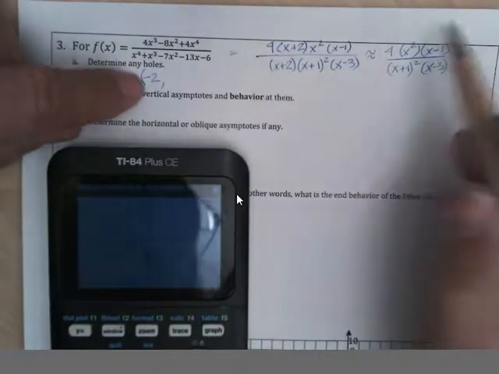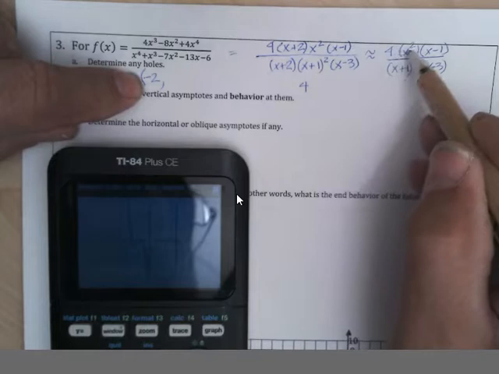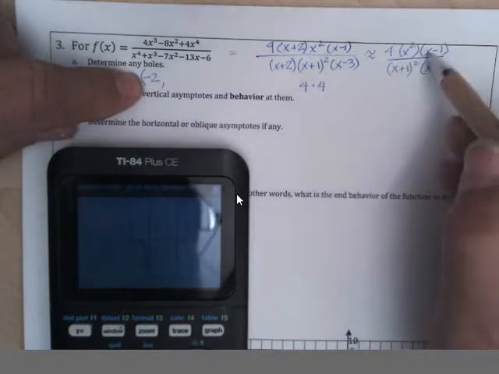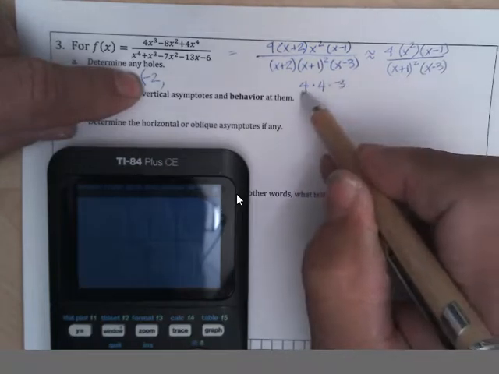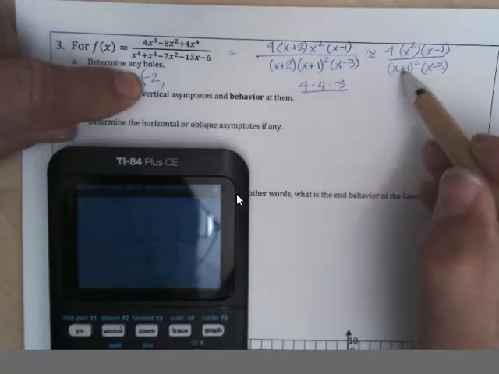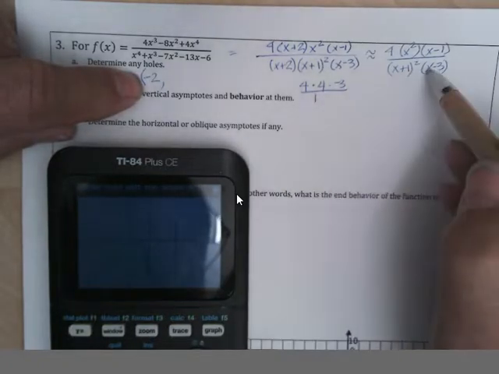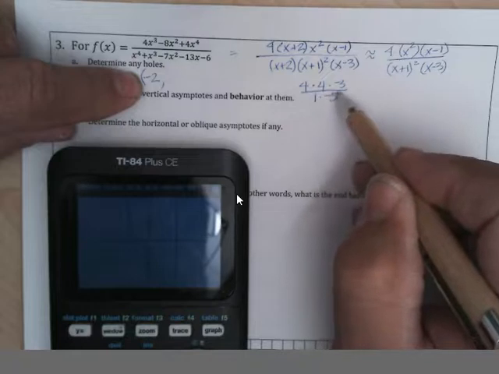Now if I put minus 2 in here, I get 4 times minus 2 squared is 4. And minus 2 minus 1 is minus 3, over minus 2 plus 1 is minus 1 squared is 1. And minus 2 minus 3 is minus 5.